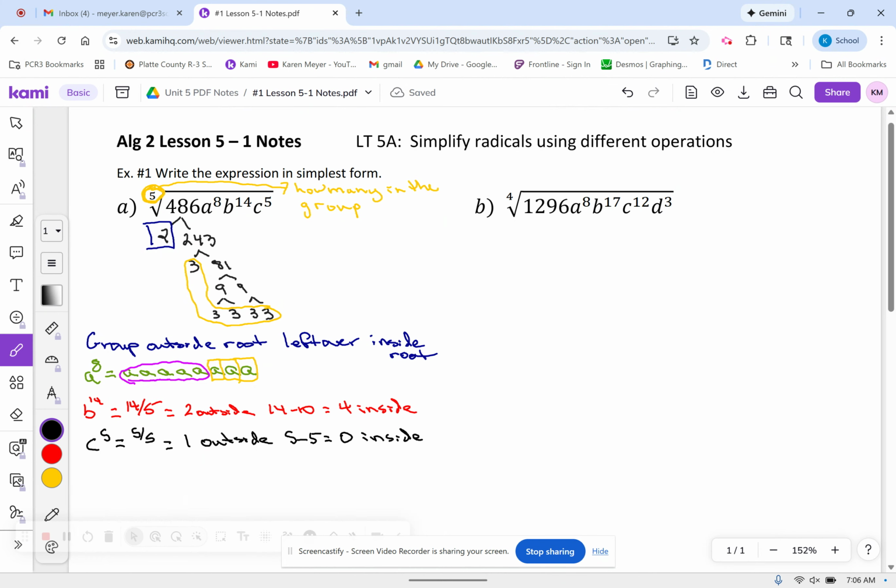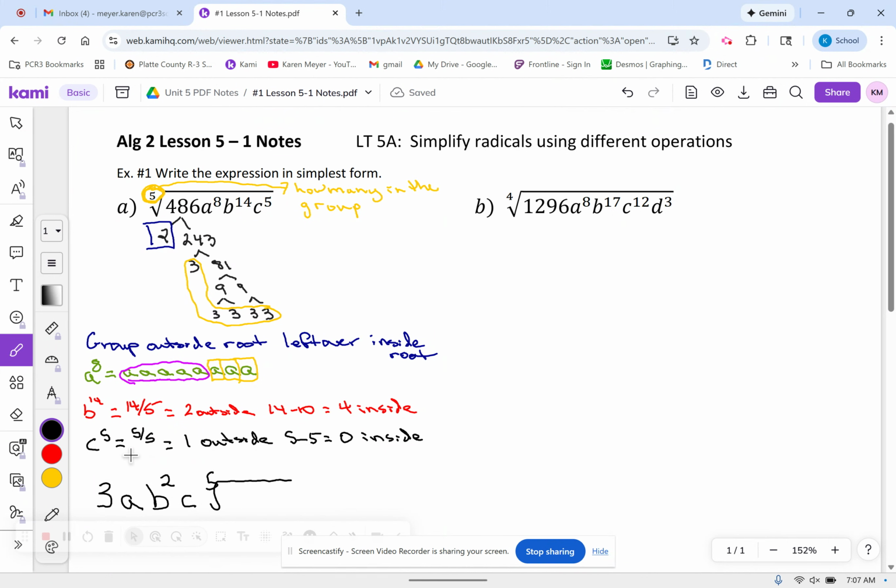So then to write my final answer, for my plain numbers, we said we were going to put a 3 on the outside. For the a's, we had 1 group, so I put a on the outside. For the b's, we said we were going to have 2 of them, so that would be b squared. For c, we had 1 of them on the outside, so that's just c. And then we have our 5th root.